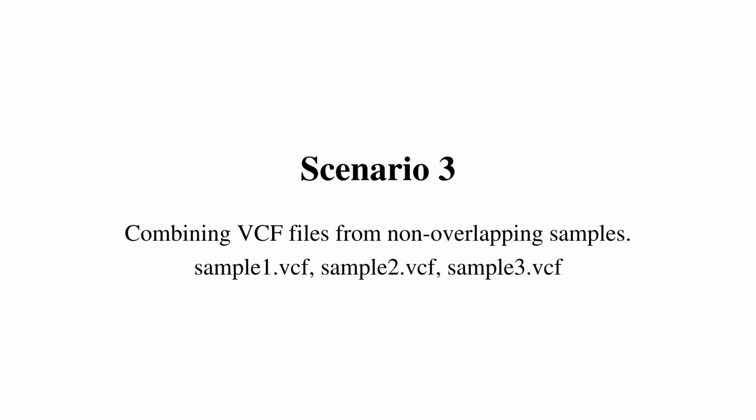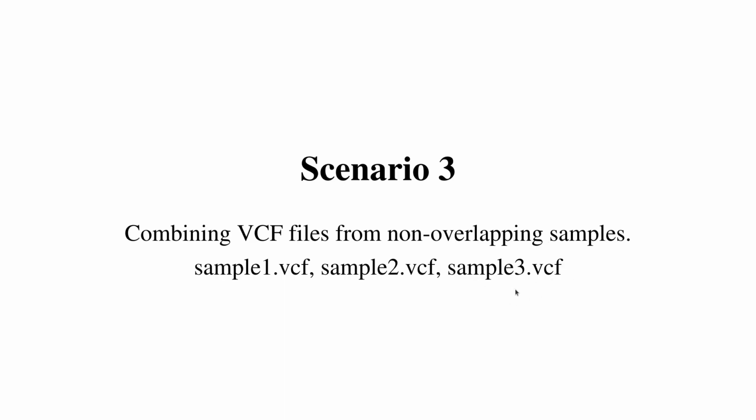So now we are going to look at scenario 3 of merging or combining VCF files using bcftools. In this scenario, we are going to combine VCF files from non-overlapping samples, that is, situations where we have, let's say, variants for sample 1 in one VCF file, variants for sample 2 in another VCF file, and variants for sample 3 in another VCF file.